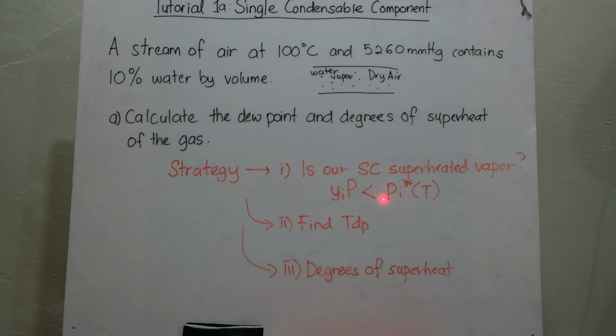The partial pressure of the single condensable must be less than the vapor pressure of that single condensable at the temperature of the system. From here we can determine the dew point Tdp from the Antoine equation, and once we get this, we can calculate degrees of superheat.